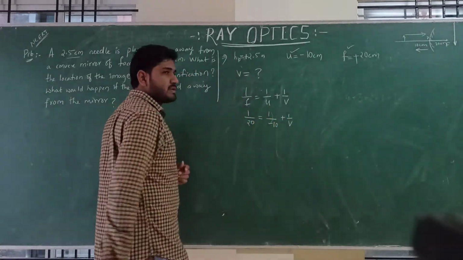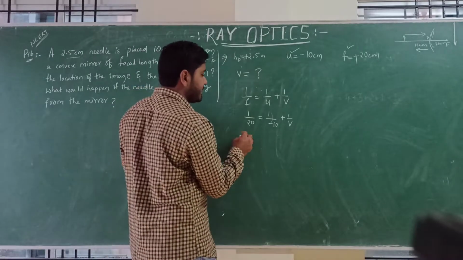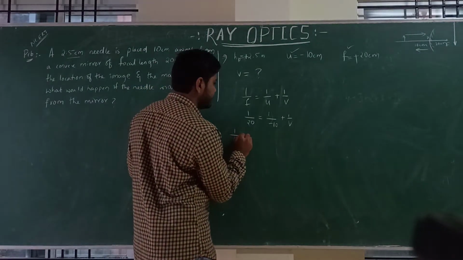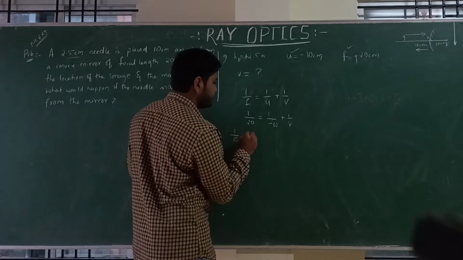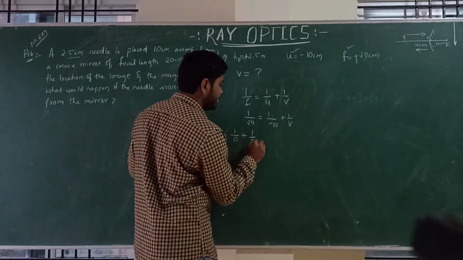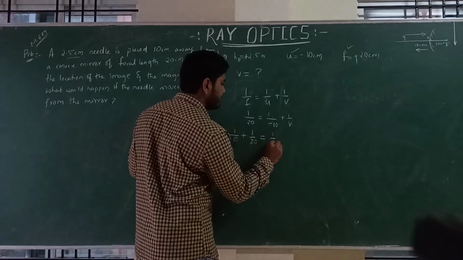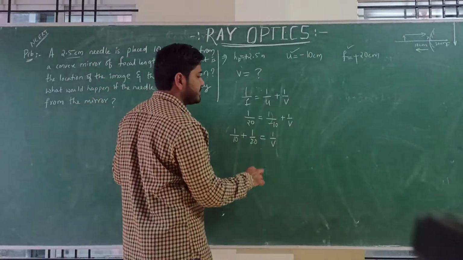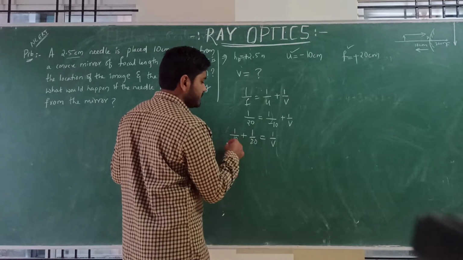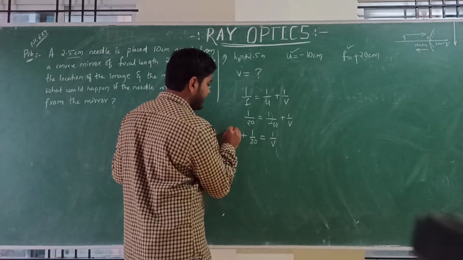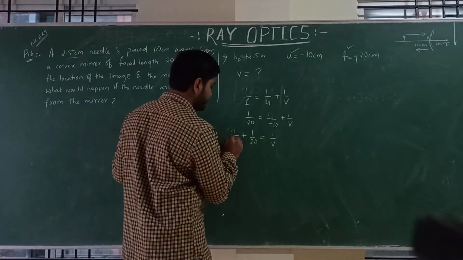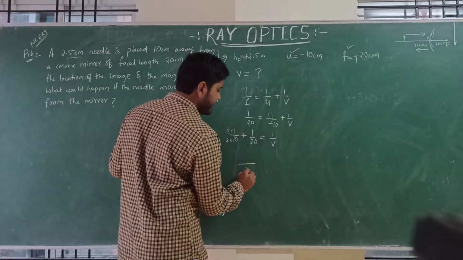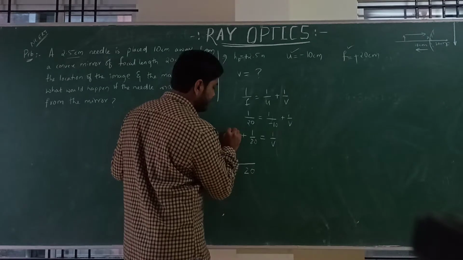If I take minus 1 by 10 to this side, it becomes plus, so 1 by 10 plus 1 by 20 is equal to 1 by v. Finally, if I multiply and divide by 2, it is 2 by 20. The denominator is the same, that is 20. Add the numerator.